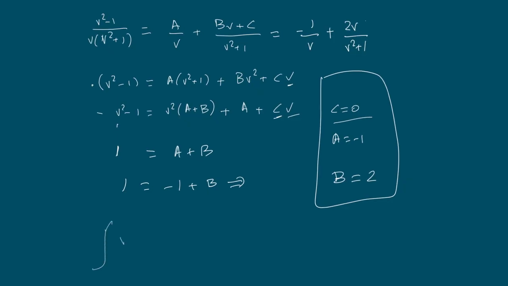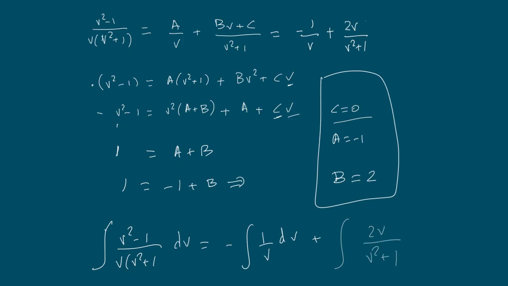So the integral of (v squared minus 1) divided by v times (v squared plus 1) dv will be minus the integral of 1 divided by v dv, plus the integral of 2v divided by (v squared plus 1) dv.